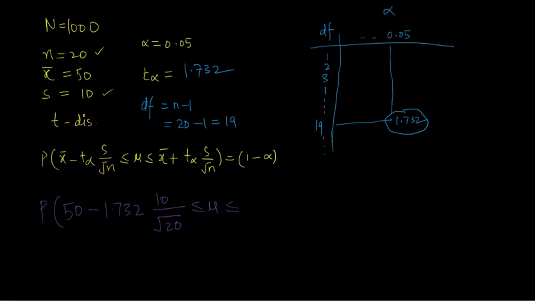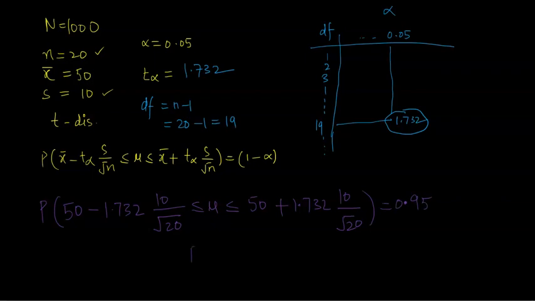I keep on making these silly mistakes. That is again 50, and that is going to be plus 1.732 times 10 divided by square root 20, and 1 minus alpha here is going to be 0.95.